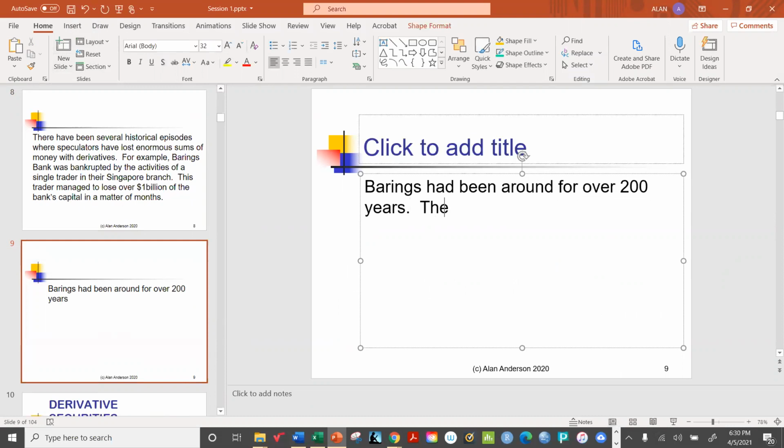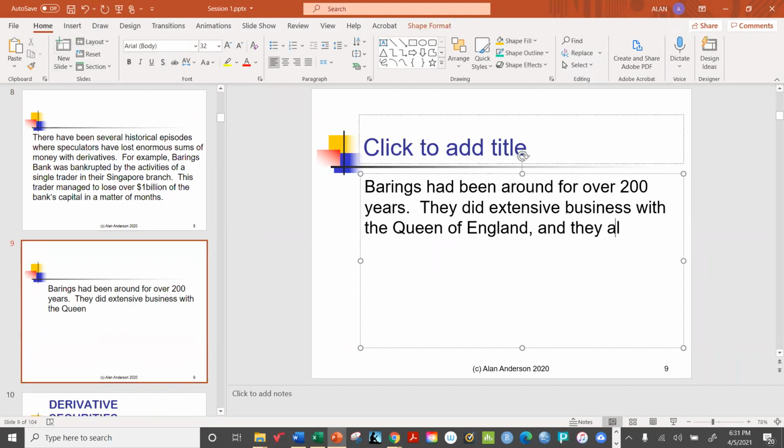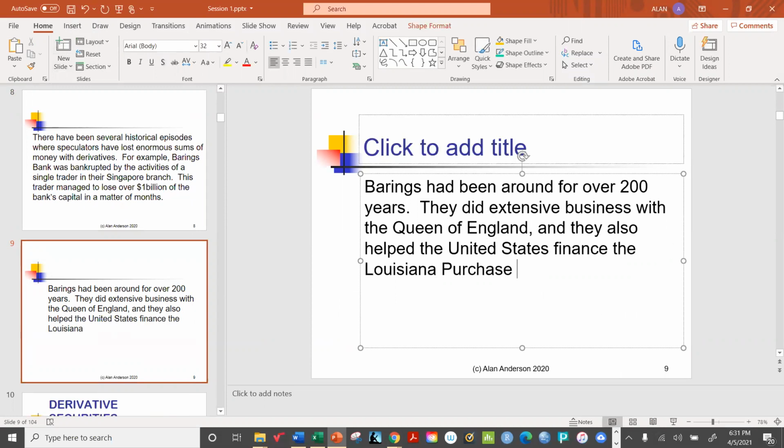In fact, they did extensive business with the Queen of England, and they also helped the United States finance the Louisiana Purchase in 1803. So that goes to show you just how long this bank had been around.